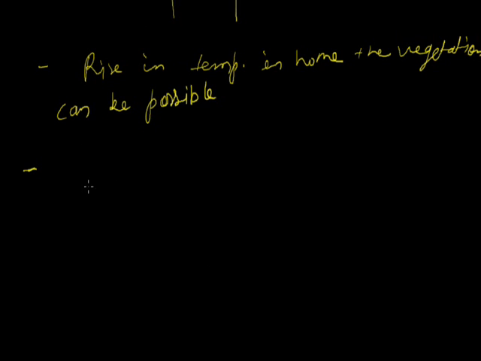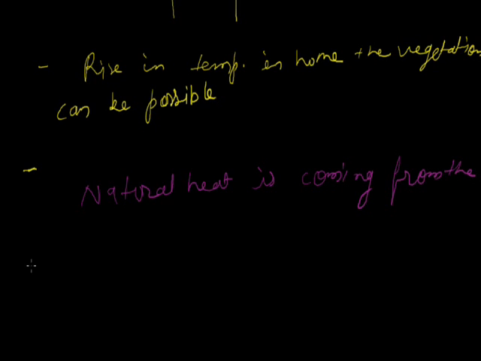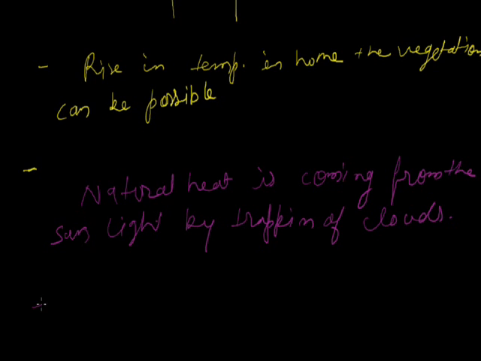We know that natural heat is coming from the sunlight, by trapping of clouds. Now, how can the greenhouse effect occur in terms of pollution?